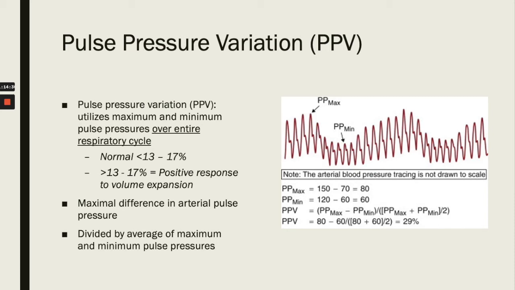But like I said, any normal is less than 13 to 17%. I don't know why that range is 13 to 17. I'm assuming that research has stated that is the appropriate range, but 13 to 17%, that's what you should know. And so above 13 to 17%, they will have a positive response to volume expansion.